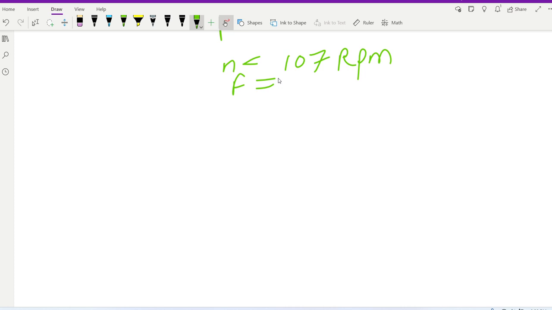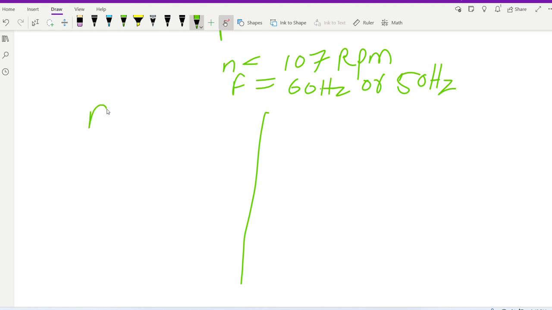Frequency I will use for both cases, 60 Hertz for USA or 50 Hertz for India and Pakistan. So I will calculate here for 60 Hertz, for 50 Hertz.